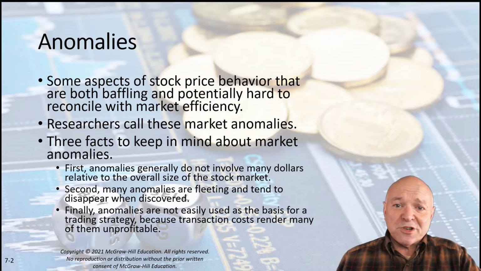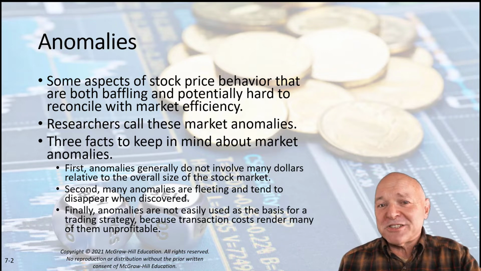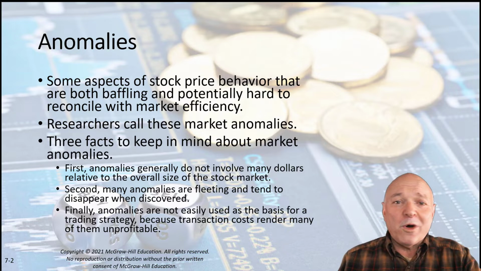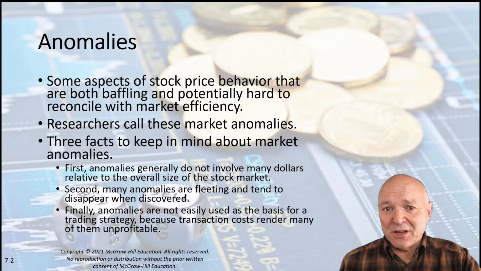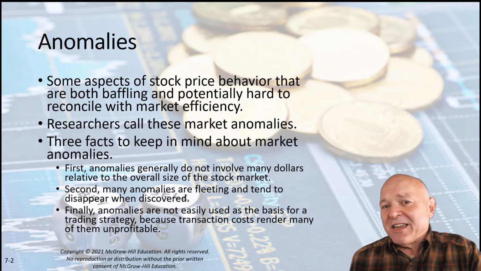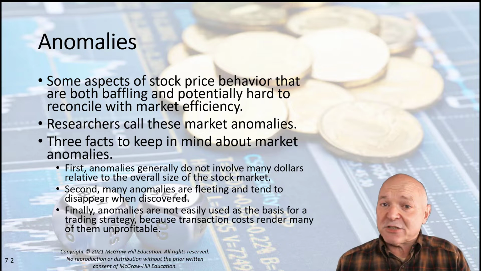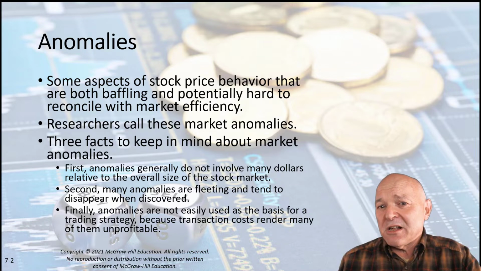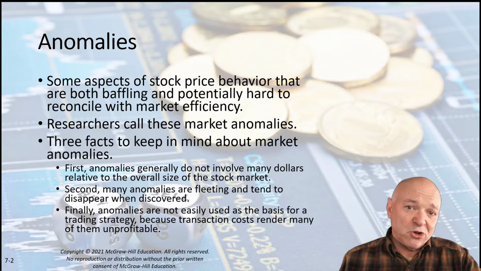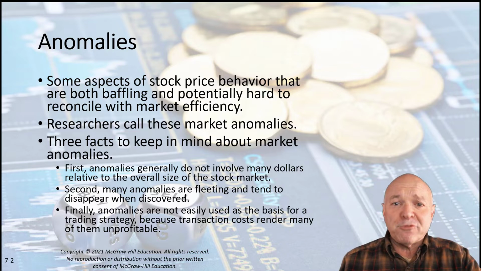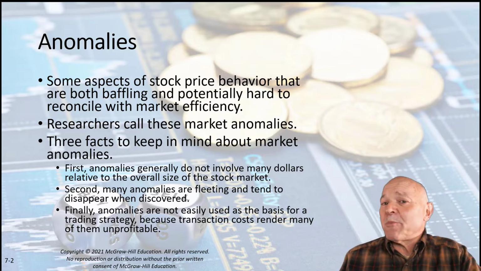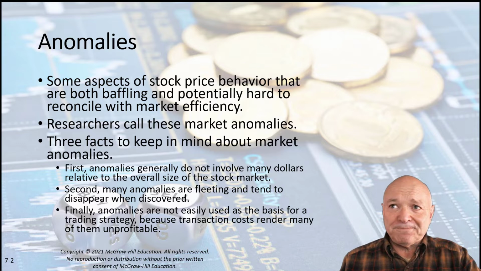We do see that over time there have been an innumerable number of cases of anomalies. One that's regularly discussed is the dogs of the Dow. A great name. Essentially, it highlighted the fact that certain companies that are traded on the Dow index, which only has 30 stocks, the low performers, or the dogs, tended to become high performers in the future, especially when we looked at things like dividend yield.